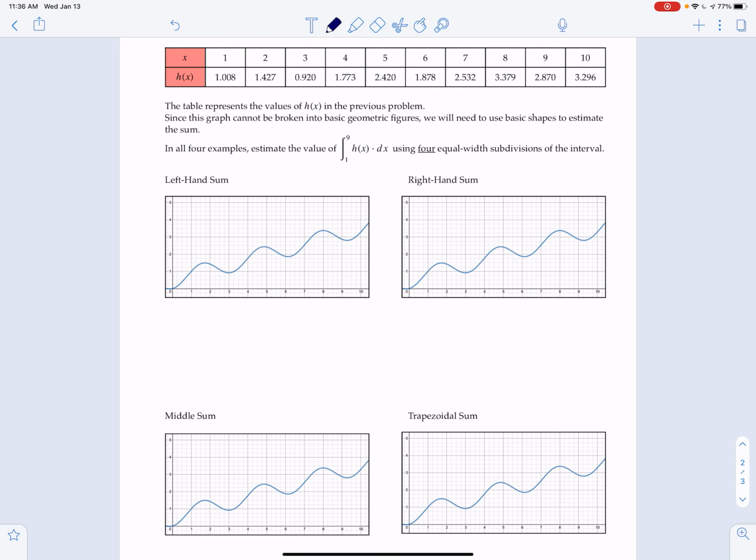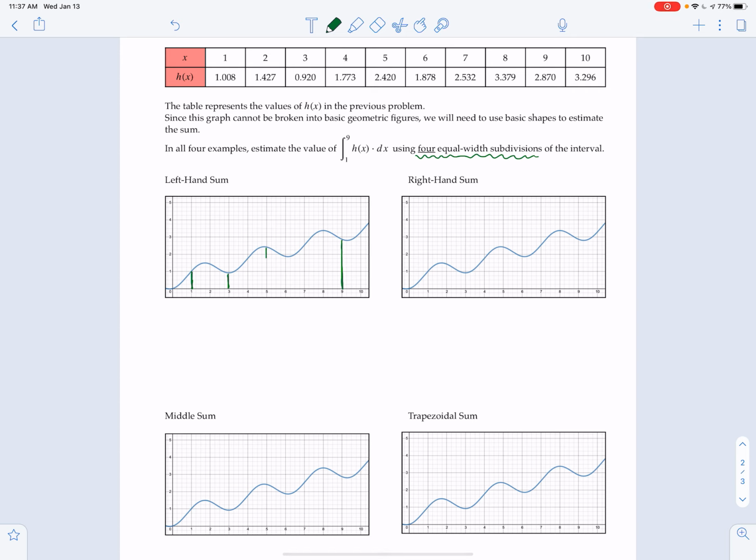So here we go. A left-hand sum means we're still evaluating the same interval, and we need to know how many subdivisions we're looking at. 4, and it says equal width, so the way to break up the interval from 1 to 9 into 4 subintervals is to make our subintervals a width of 2.